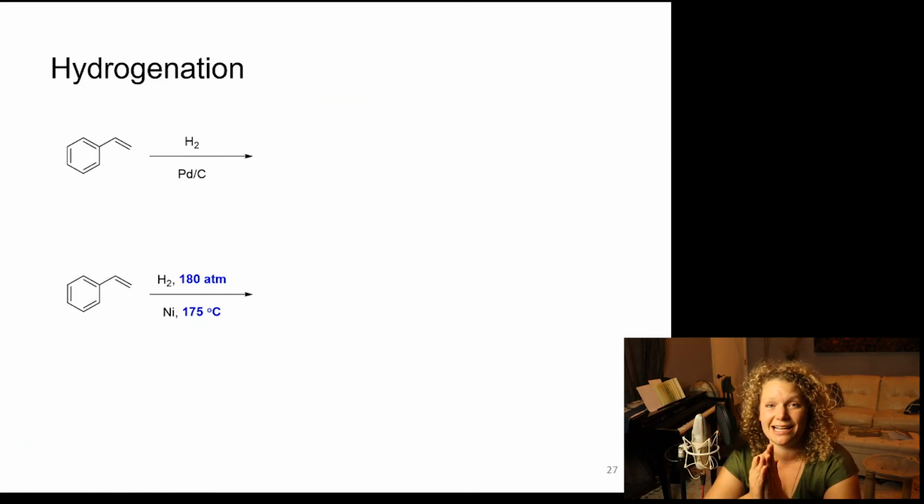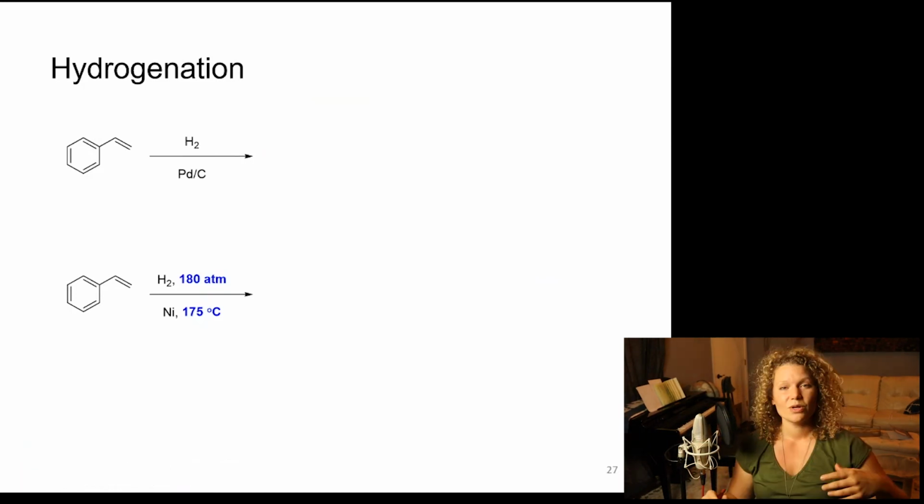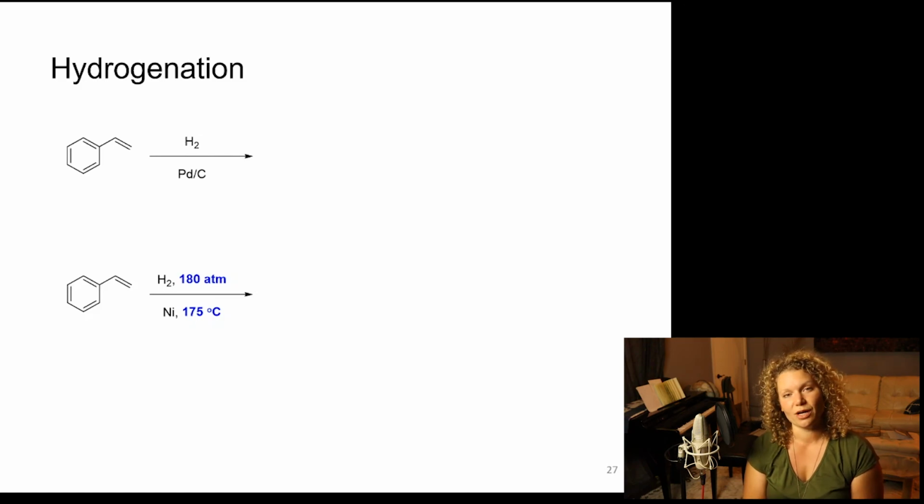There's one last concept I'd like to go over for this section of this video. We've discussed how the stability of benzene is very unique and it's much more stable because of its aromatic nature. Here we're going to look at a hydrogenation reaction.